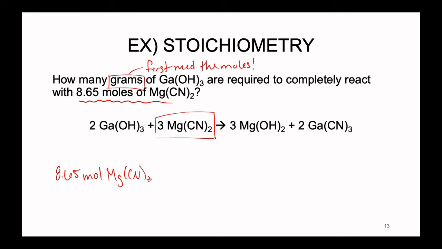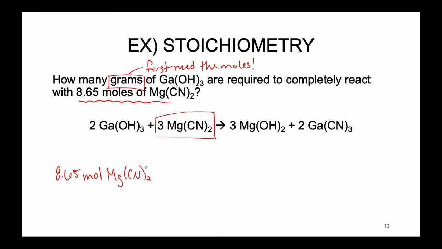And the question is, how many grams of the gallium hydroxide are required? Well, I'm going to solve this problem using the conversion factor method for the coefficients in our balanced chemical equation. The main reason being is it kind of saves us on time in terms of the number of calculations we need to do. So we can see this as I continue the problem right here, right now.